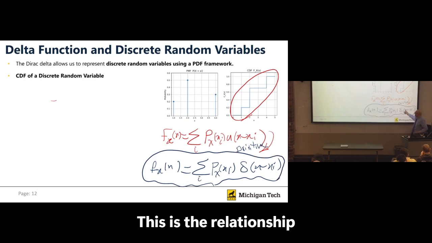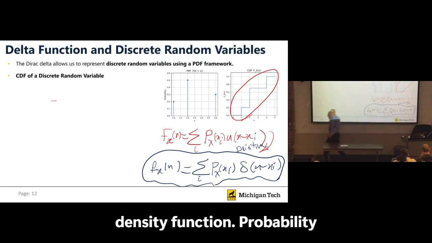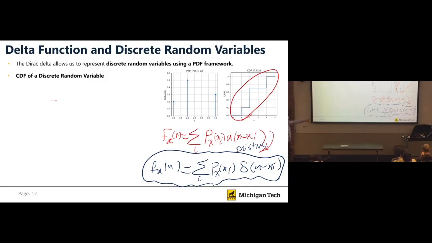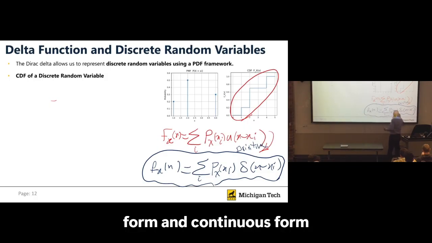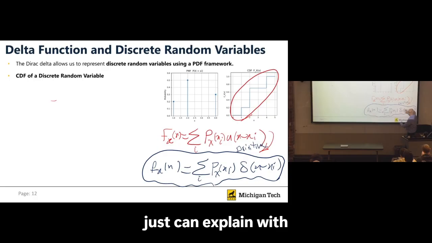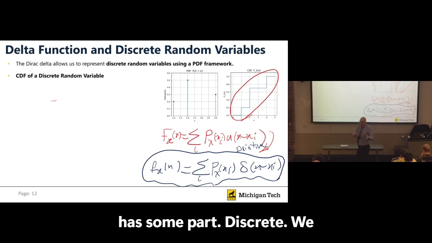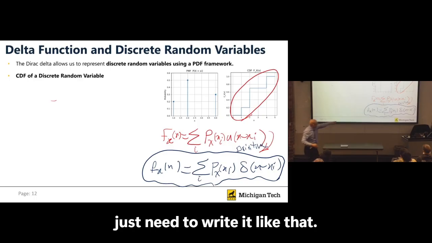This is the relationship between the probability mass function and the probability density function. So the relationship between the discrete form and the continuous form can be explained with this delta function. That's amazing. It means any phenomenon that has some discrete part, we can make continuous as well. We just need to write it like that.